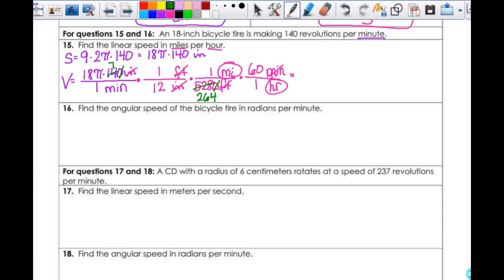I don't think I'm going to get my 7 out of there, but now that I look at this, 12 does divide evenly into 6, so I can make that into 5, make that into 1. This 264, I can divide it by 2 and get 132. And divide this by 2 and get 9. So then that 132 is divisible by 3. So I can make that into 44. This into 3. So let's see what I have left here. I have left this 3, this 7. Don't forget about pi.